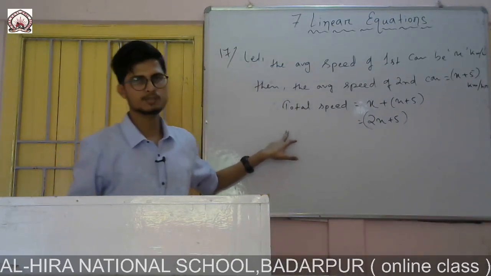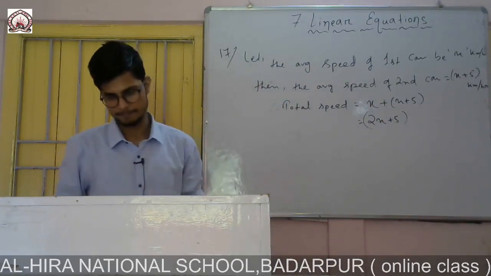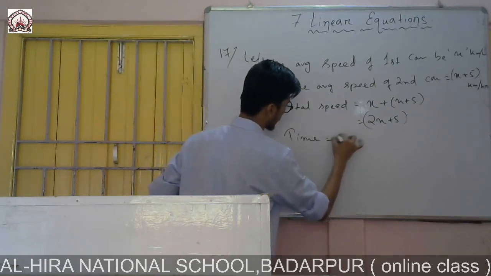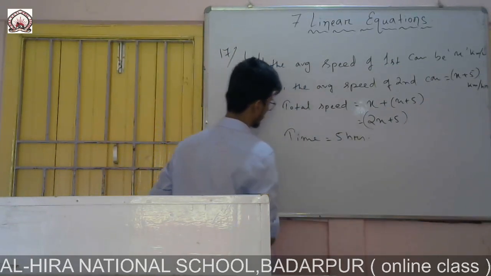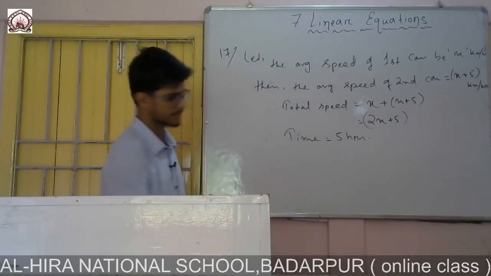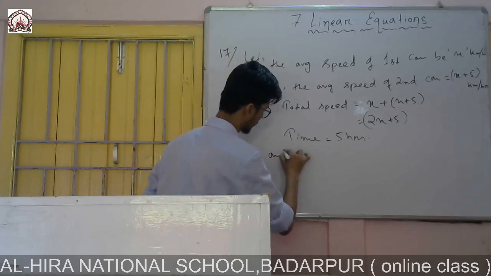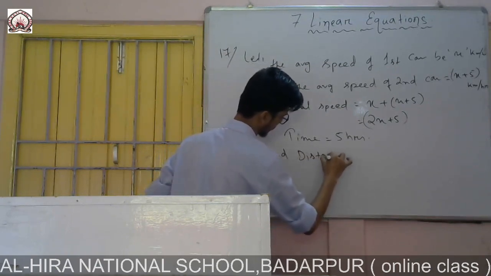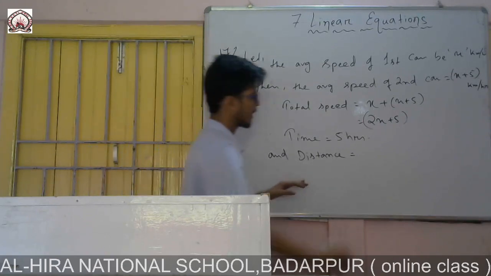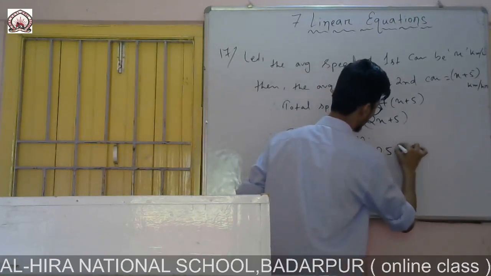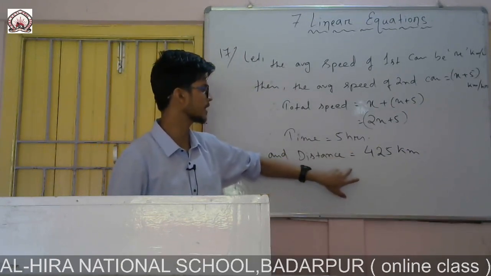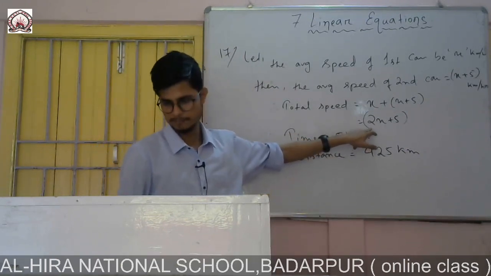Time is given as 5 hours and distance traveled is given as 425 kilometer. This is the time, this is the distance, and this is the total speed.